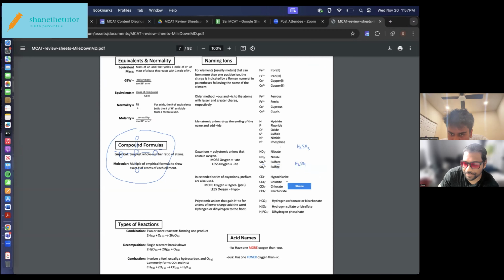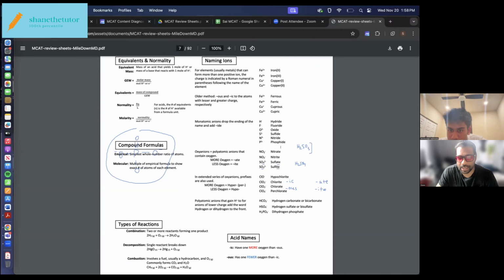So basically, if the acid form ends in ic, the salt or ion form ends in ate. And if the salt or ion form ends in ite, the acid form will end in ous. So that should be sulfurous acid then, the top one, SO3.